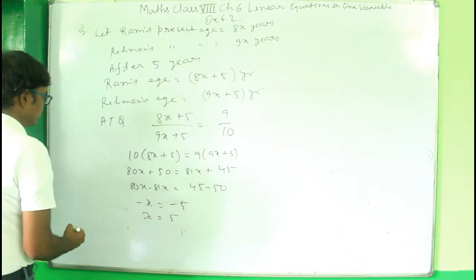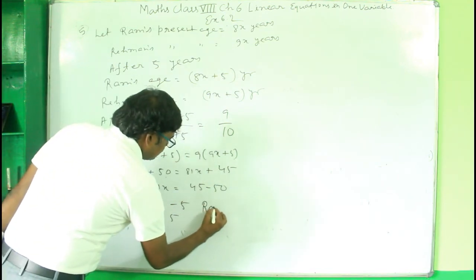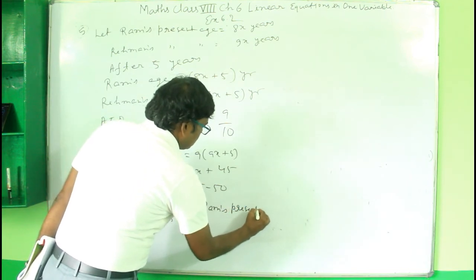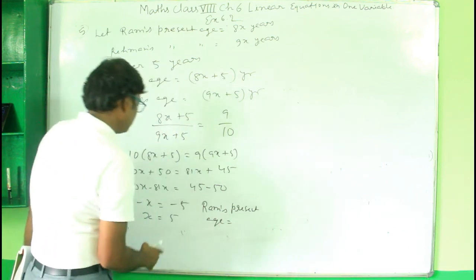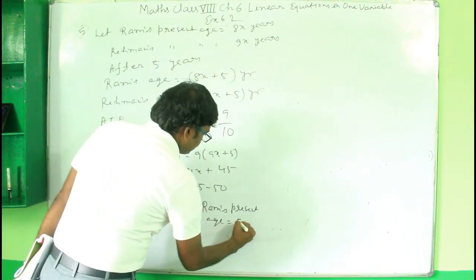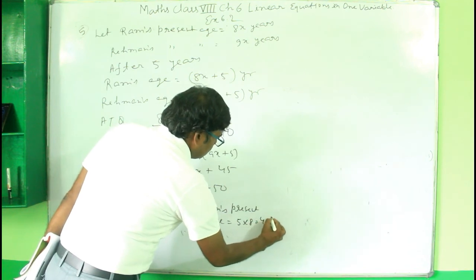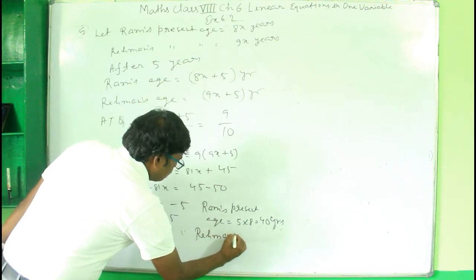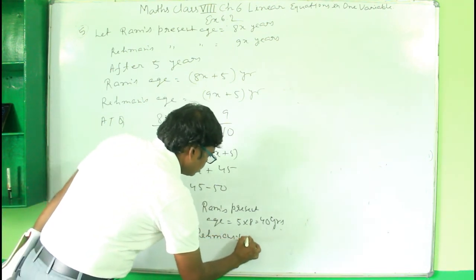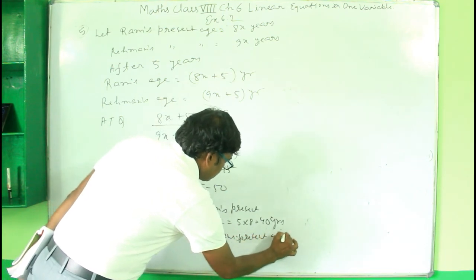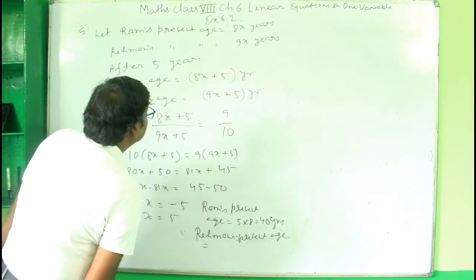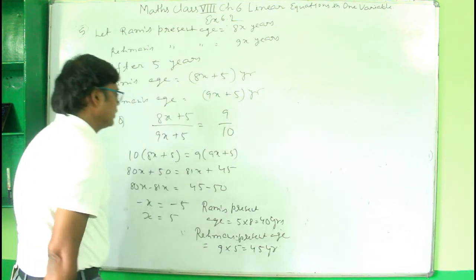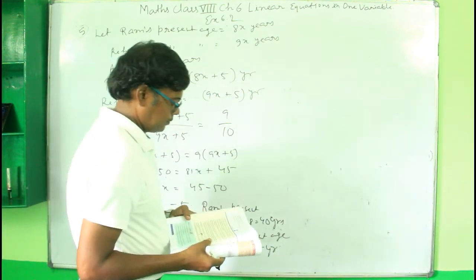So Ram's present age will be 5 × 8, that is 40 years, and Rahman's present age is equal to 9 × 5 = 45 years. Okay, so in this way you can find the answer of this question.